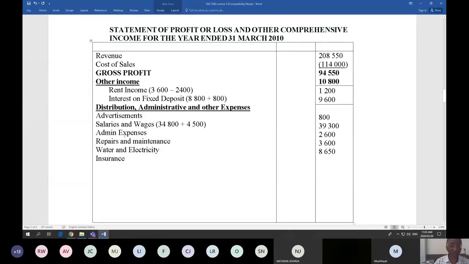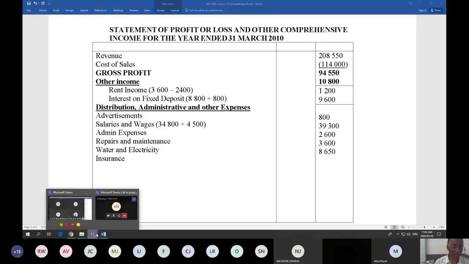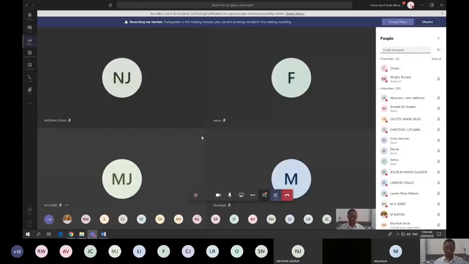As far as our insurance is concerned, guys, there was an adjustment involved, under number 1, where we have calculated that we have paid 2,880 rand for insurance.